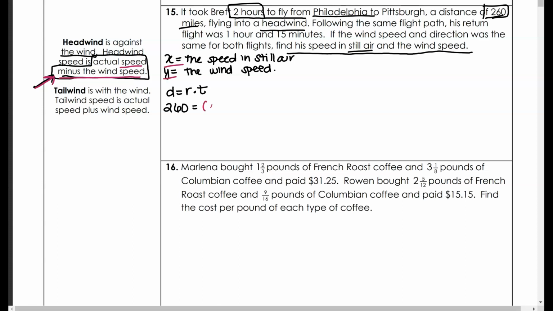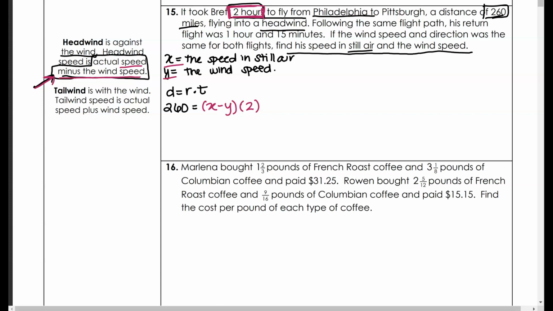So I'm going to have x minus y. The next point that I'm going to plug in is time. I was given that in one direction the time is 2 hours, so it's going to be times 2. Now that's one way. So this is on my way from Philadelphia to Pittsburgh. So I'm departing.